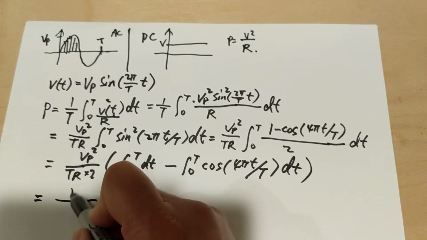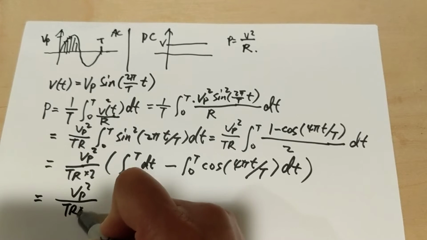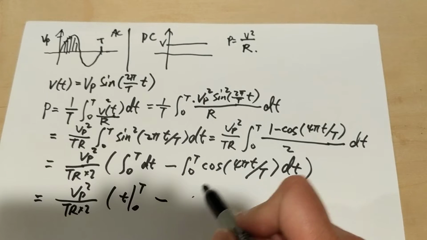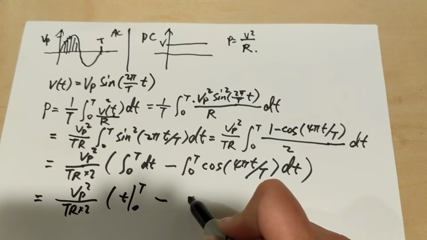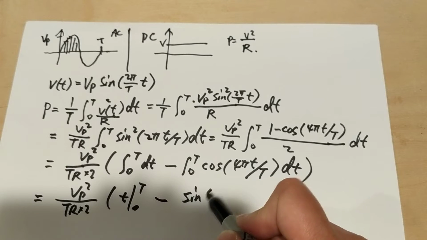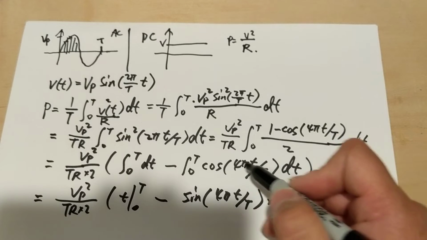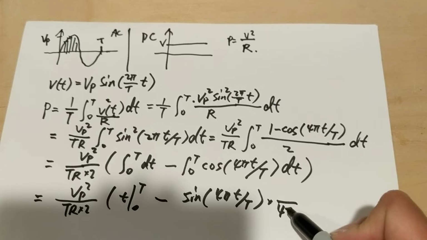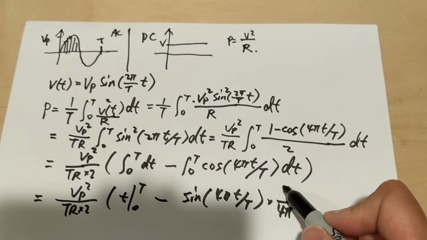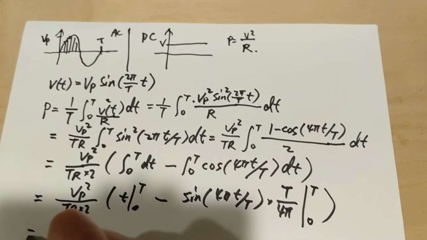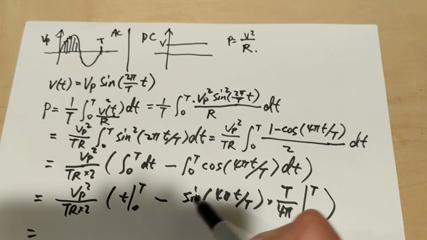And basically this is an integral, where the integral of minus cosine is the sine, so it's sine 4 pi t over T, and the parameter will flip, T over 4 pi, from 0 to T. And you can see putting T here, sine of 4 pi is 0, and 0 here, sine of 0 is 0.